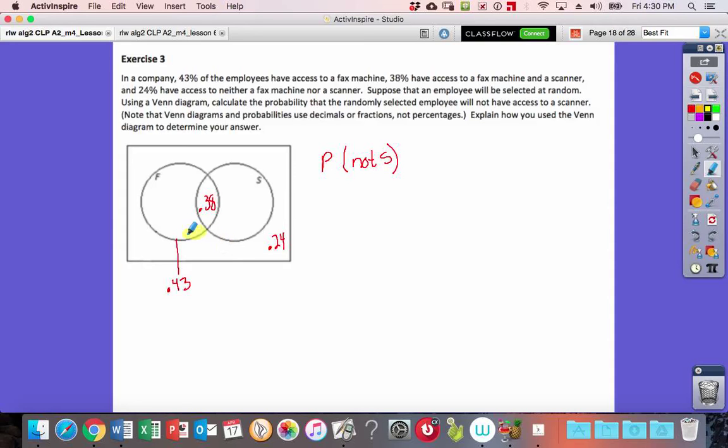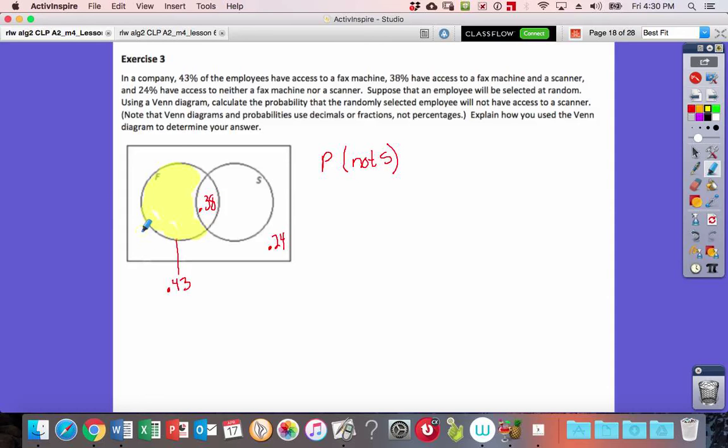If it's not S, it's going to be, let's see, not S. Well, I know everybody over here does not have a scanner, correct? Okay. And then it says also, calculate who will not have access to a scanner.